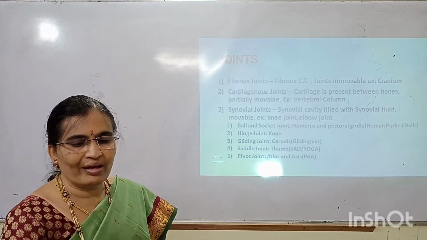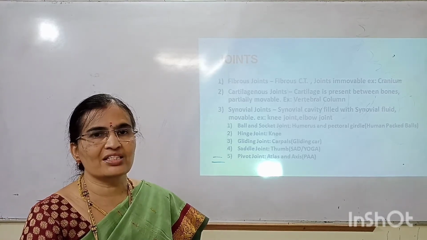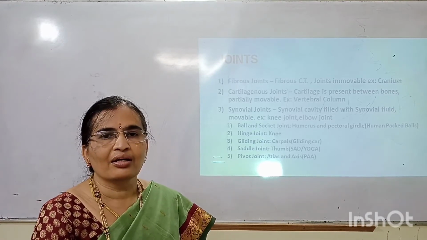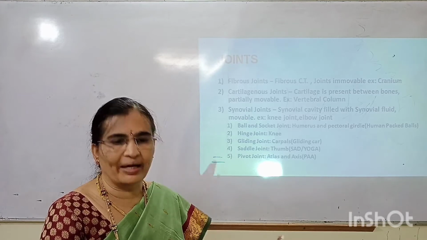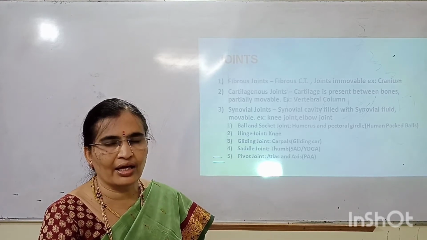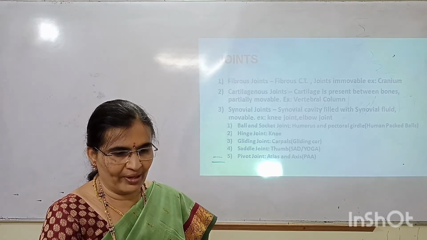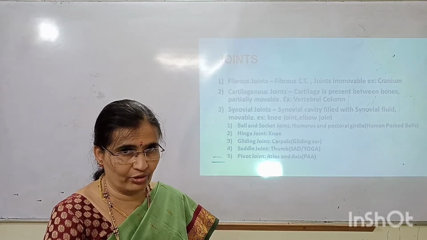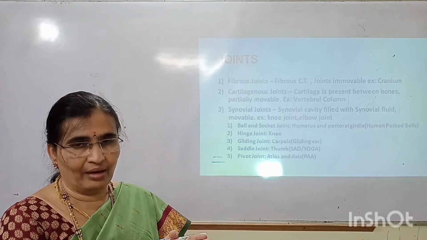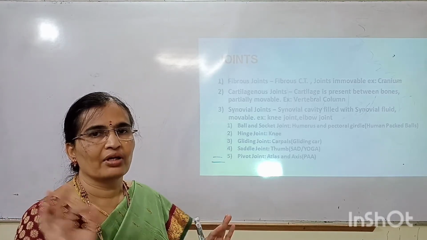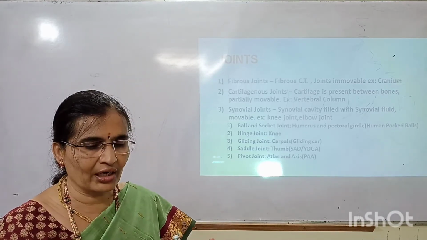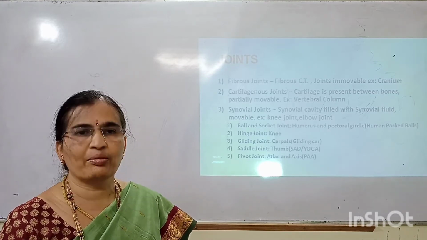Fibrous joints, just now we have discussed regarding the cranium. In the cranium fibrous joints are there, totally no movement, they are immovable. Fibrous joints are made up of fibrous connective tissue, very tightly packed, and they are totally immovable. The cranial bones are totally immovable because of the fibrous joint.